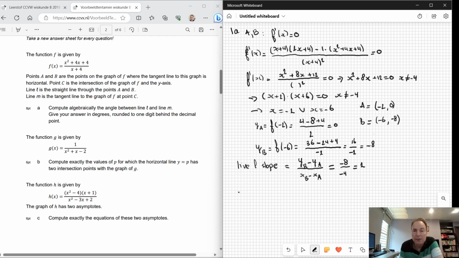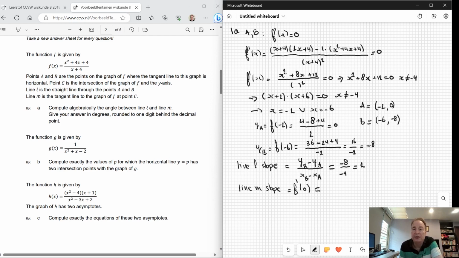Then for line M, the slope is just the derivative of f at the y-axis, or where it intersects the y-axis. So it's the derivative of f of 0. And then I just substitute 0 in the expression for the derivative here.